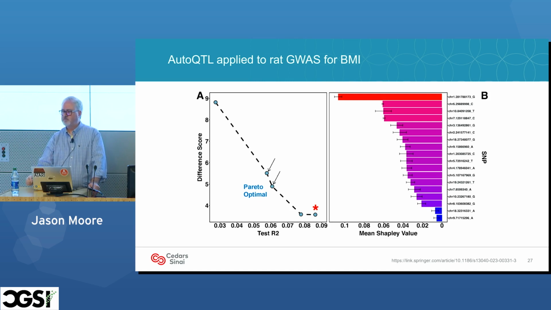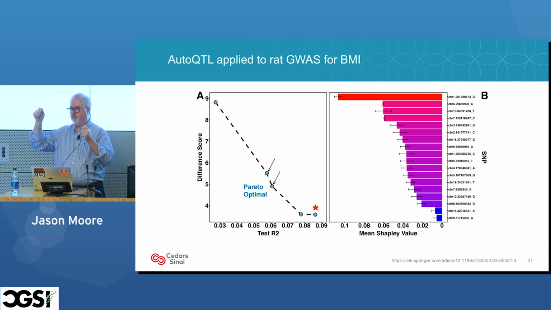Yeah? Sorry, I missed your definition of the difference score. If you calculate the R-squared on the training data that the model is trained on, and then you calculate the R-squared with the model fixed on the testing holdout data, what's that difference? It's a function of the difference. It's actually 1 over the absolute difference, and we take a square root of that to adjust the scale.